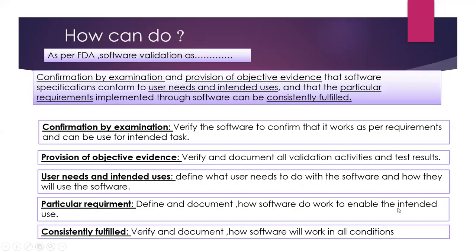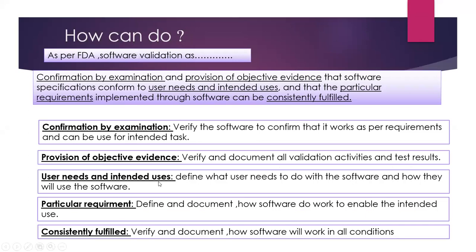So for this, what we have to do is confirmation by examination, meaning verify the software to confirm that it works as per the requirements, and provide objective evidence: verify and document all validation activities and test results.